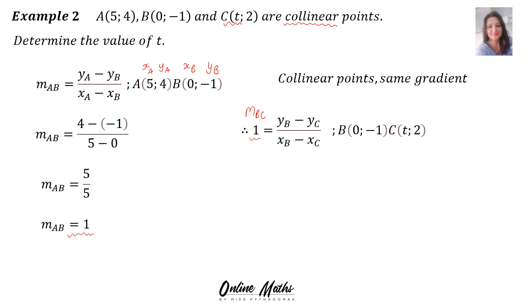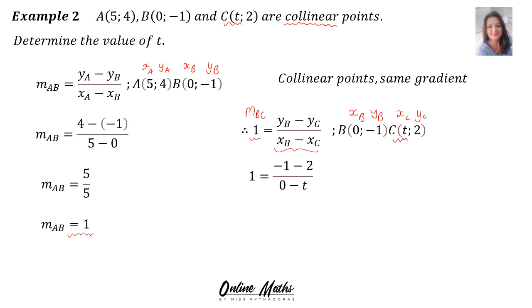Then we will work out this side now in the gradient formula. So we've got the x of B, the y of B, the x of C, the y of C. And it's this x of C that is t, that's the one we're going to calculate. So into the y of B, it's -1, minus 2 over 0 minus t.